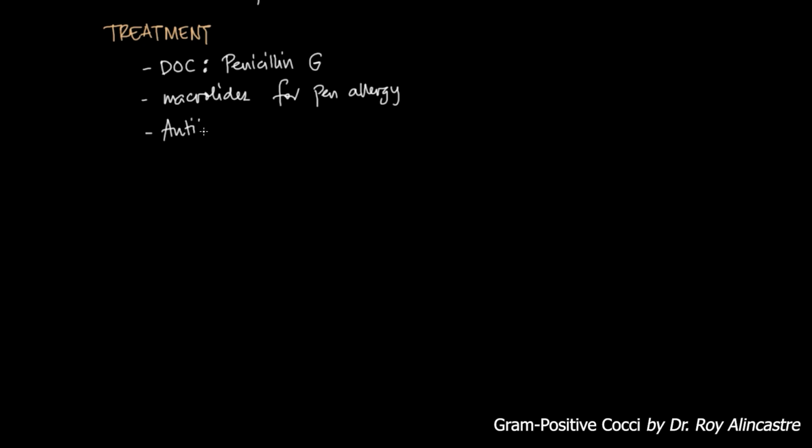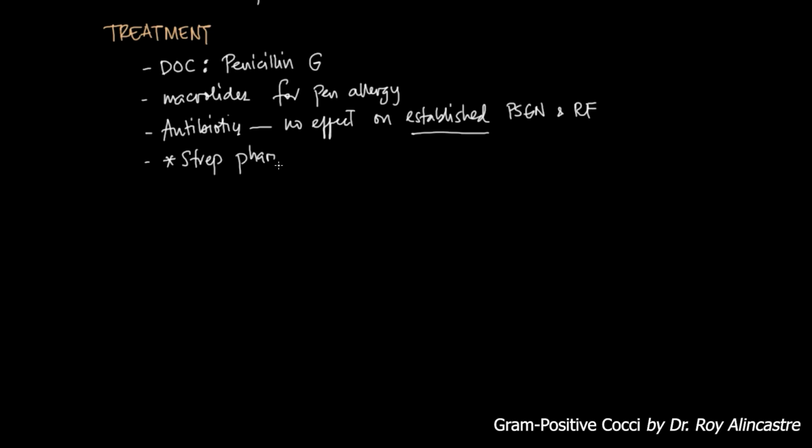Take note that antibiotics have no effect on established glomerulonephritis and rheumatic fever. Okay, but adequate treatment must be made, especially within 8 to 10 days of the onset of the strep pharyngitis, to remove the antigenic stimulus that may cause the rheumatic fever later.